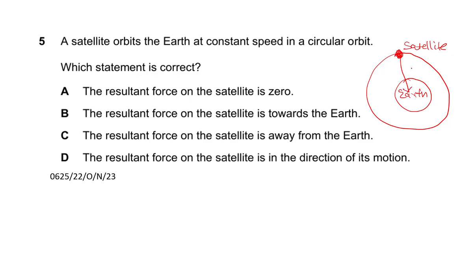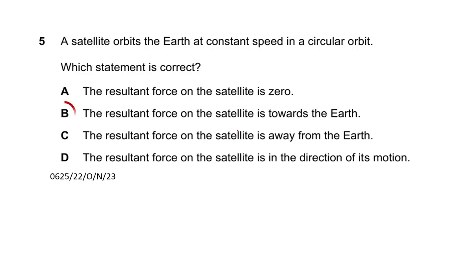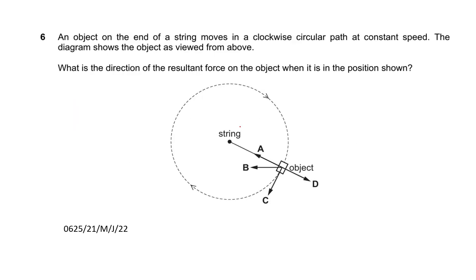This is the resultant force. And if the same question is asked, which direction will be the acceleration? Acceleration is also towards the direction of the force, so it is also towards the center of the Earth. This is only for an object moving in a circular path. So here the resultant force of the satellite is towards the Earth. Option B is the right answer.